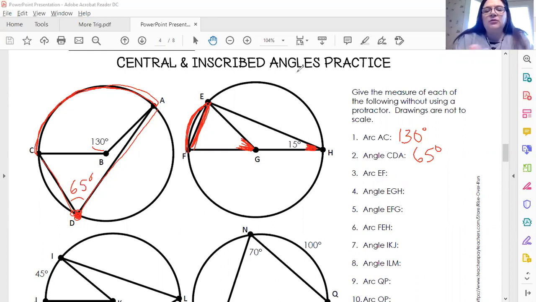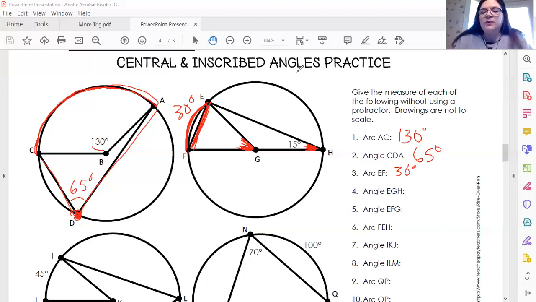The measure of this angle is 15, and that is our inscribed angle. If the inscribed angle is half the measure of the arc, then the arc is going to be twice as large as the inscribed angle. So it's going to be twice 15, which is 30 degrees.